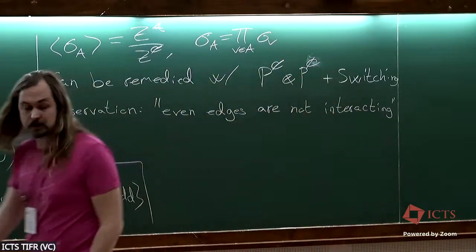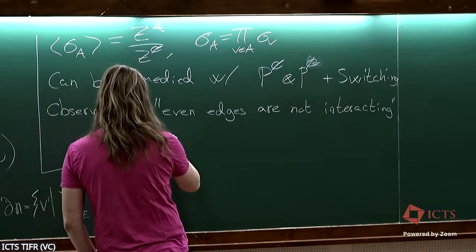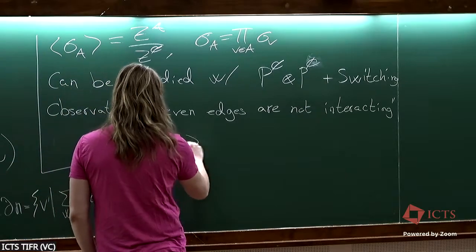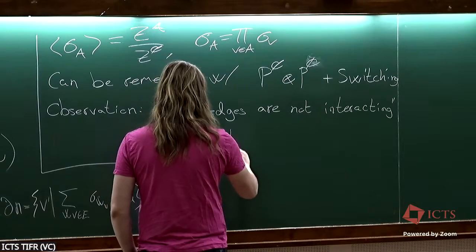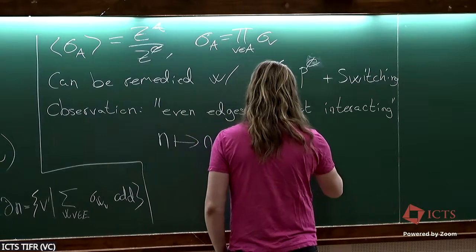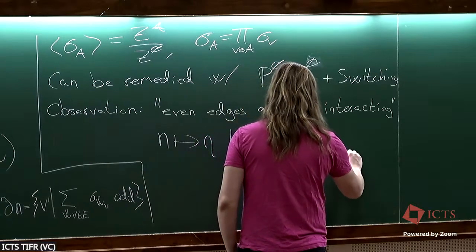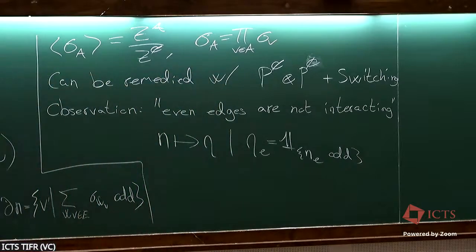This is, of course, a bit of a vague statement, but it can be made fairly precise. So basically, if you take your current and map it to eta, given by eta of E, just the indicator that n of E is odd, then what do you see?